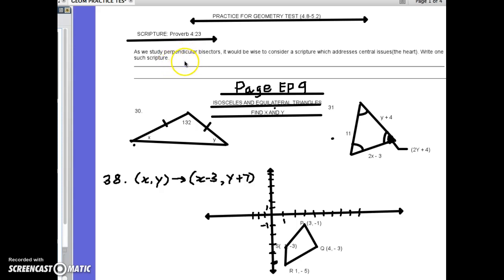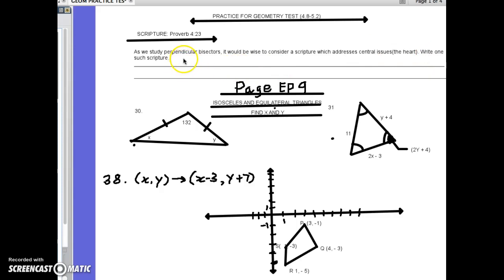First thing I'm going to look at with you is the foundational scripture for our study of midpoints, mid-segments, perpendicular bisectors, dealing with central issues here. So as we study bisectors, it would be wise to consider a scripture which addresses central issues like of the heart.